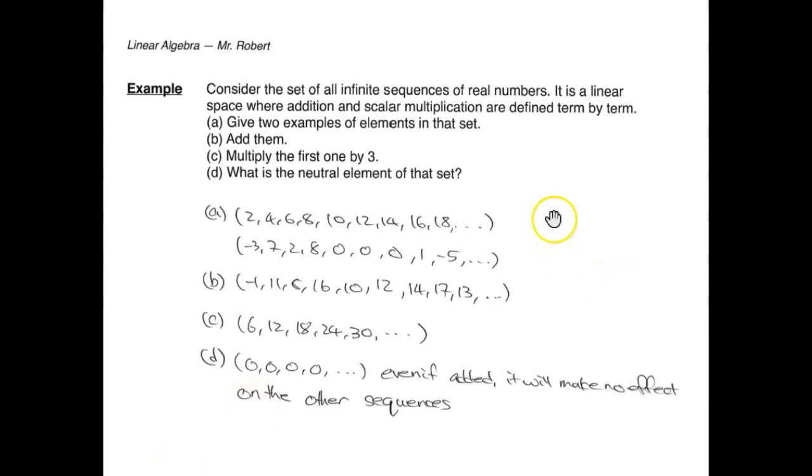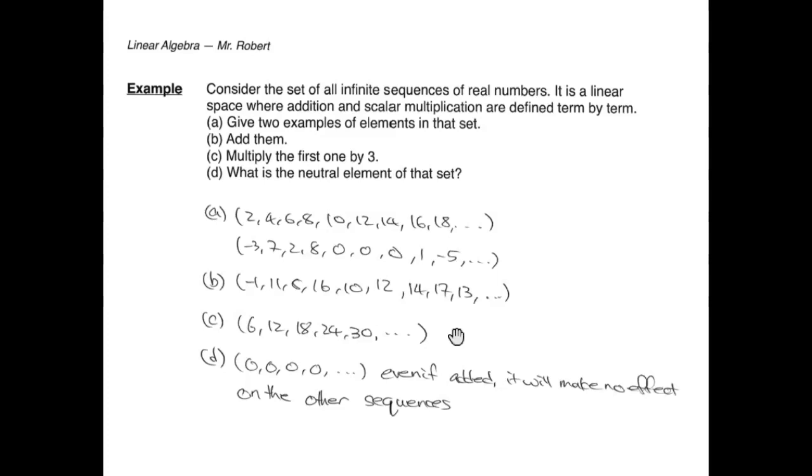So you can also multiply an infinite sequence by a scalar. Let's take the first one we had here and multiply it by 3. Now 2, 4, 6, 8 becomes 6, 12, 18, 24. This is also an infinite sequence, so we didn't fall off the cliff. We still remain in the world of infinite sequences.